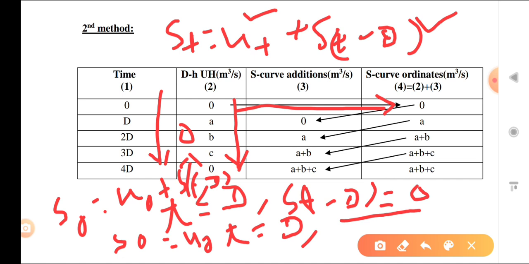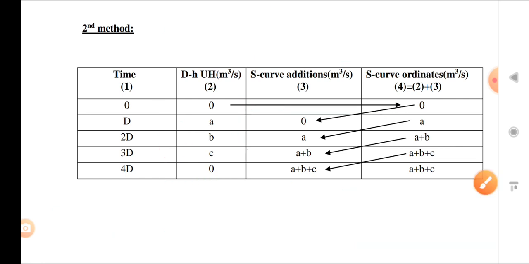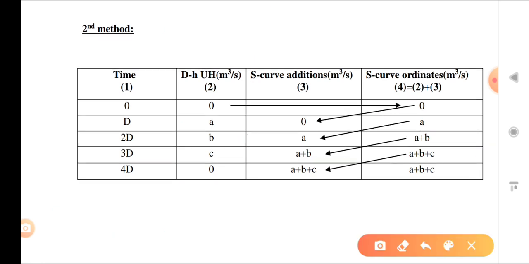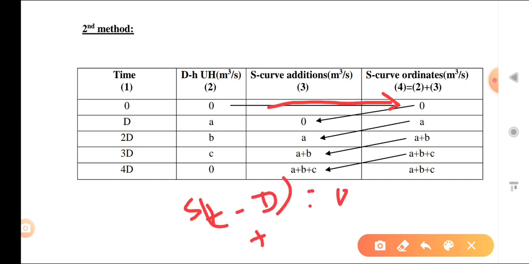Now next, where that 0 will go, you can decide, since St minus D is equal to 0 for all t less than or equal to D. So that 0 goes at D. So 0 plus 0 is 0.